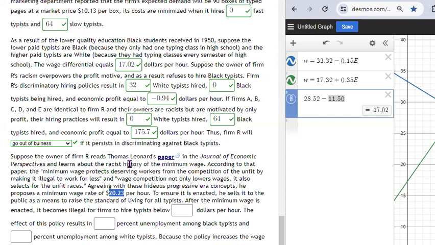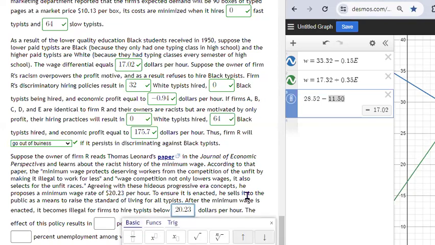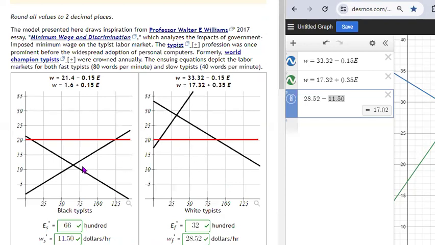After the minimum wage is enacted, it becomes illegal for firms to hire typists below $20.23 per hour. Notice this red line here. This is the minimum wage here, $20.23. The wage can't go below this red line. Because the wage can't go below this red line, only a few black typists, notice this has been changed to black typists here, notice, due to poor educational opportunities in the 1950s, only a few of the black workers will be hired.